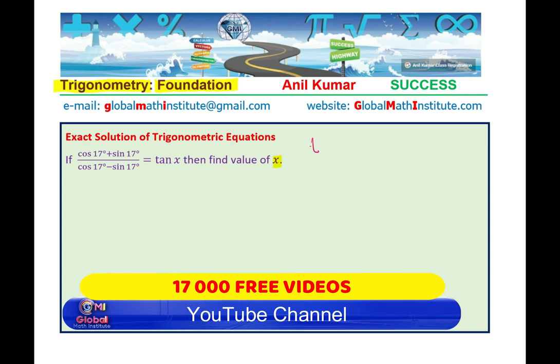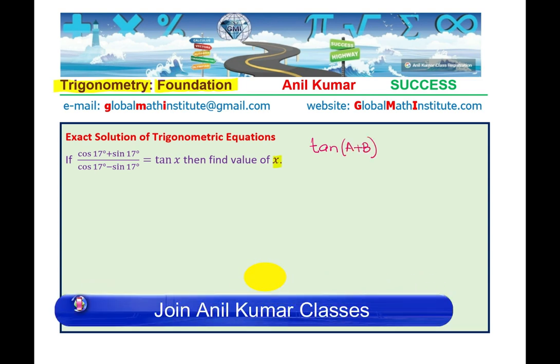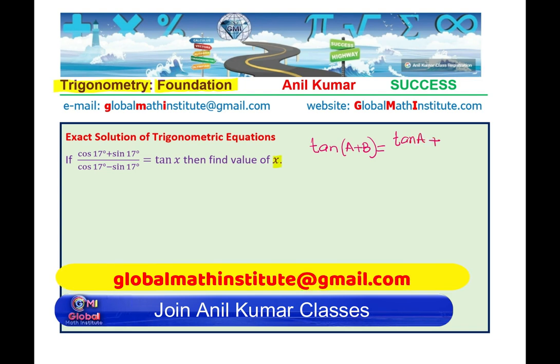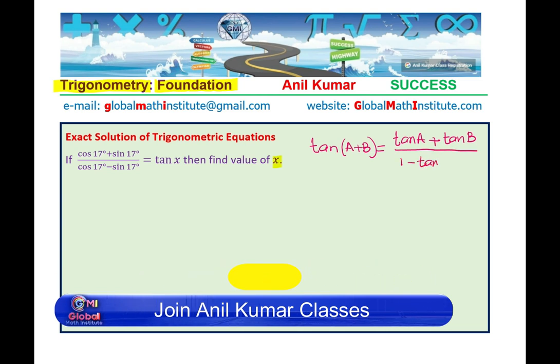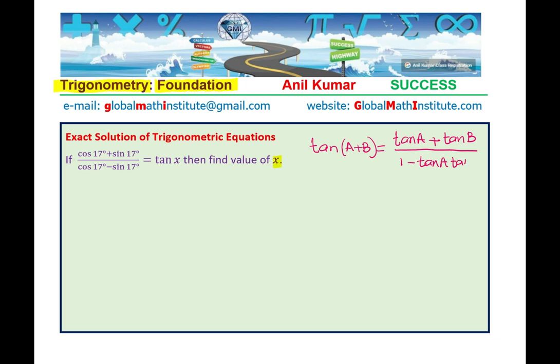So tan(A plus B) is equal to tan A plus tan B over 1 minus tan A tan B. However, if we have tan(A minus B), then the signs change.